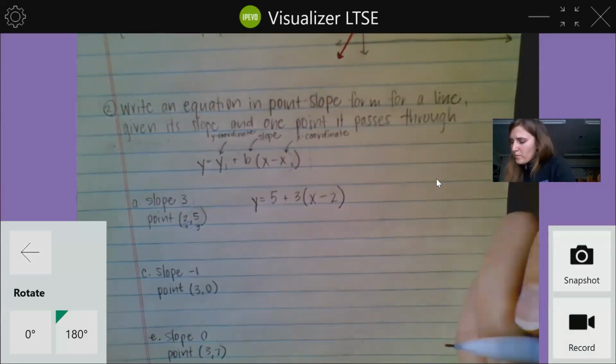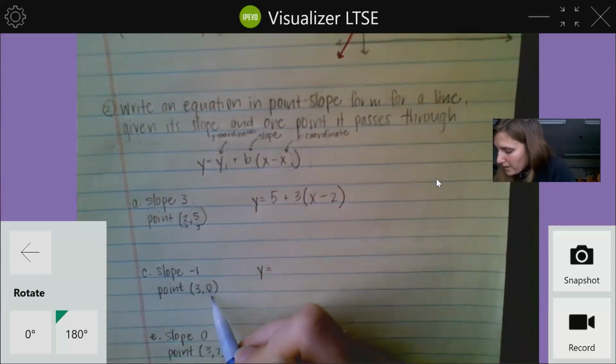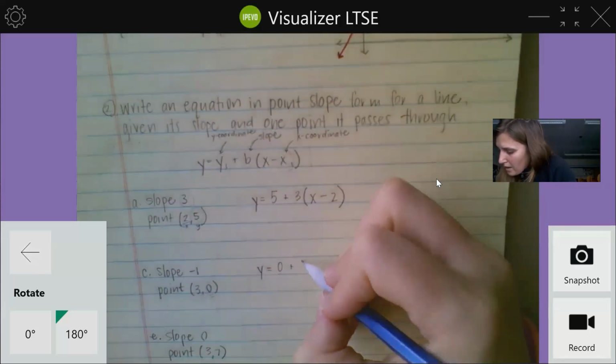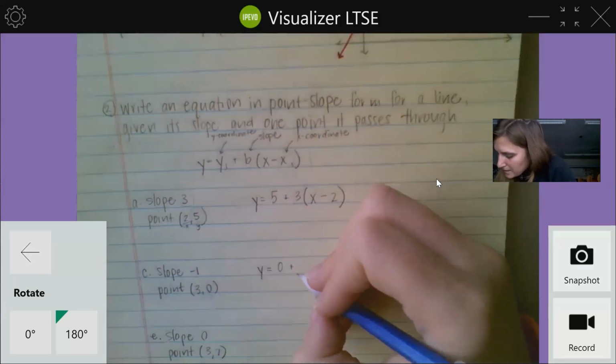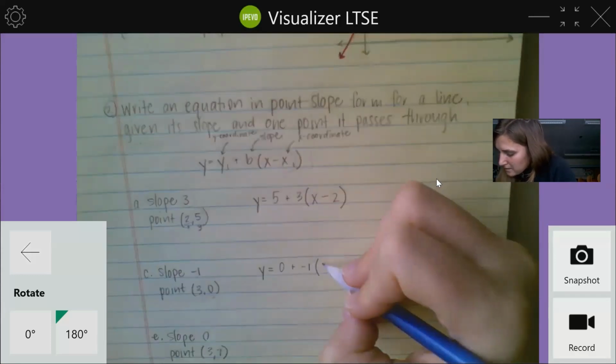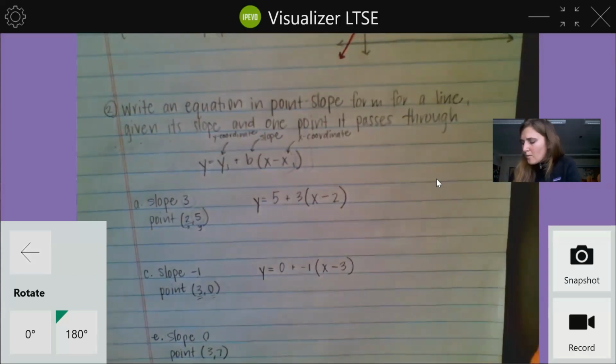Let's try the next one. y equals my y coordinate, which is 0, plus my slope, so plus -1 times x minus the x coordinate, which is 3.